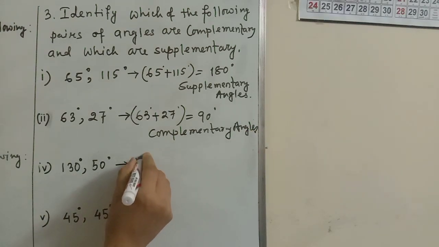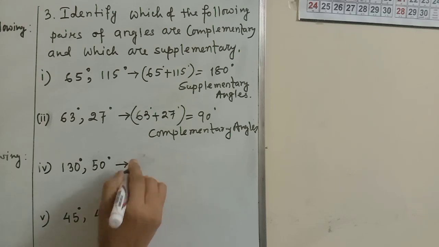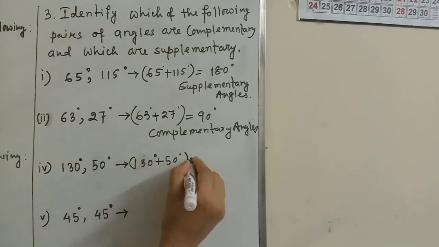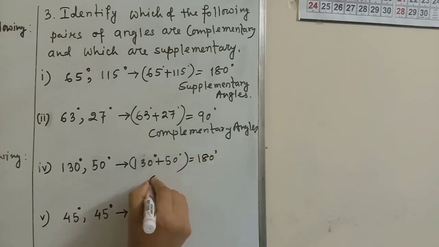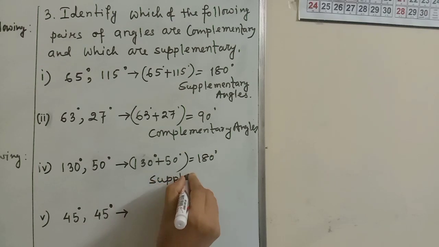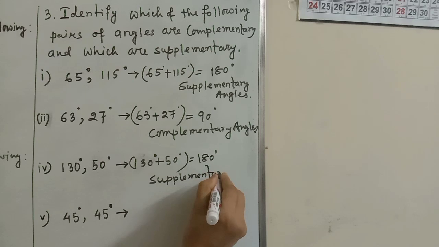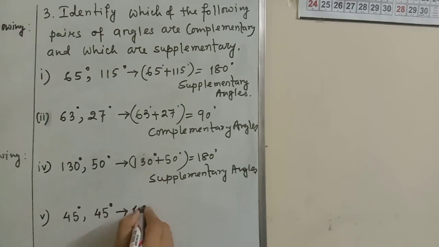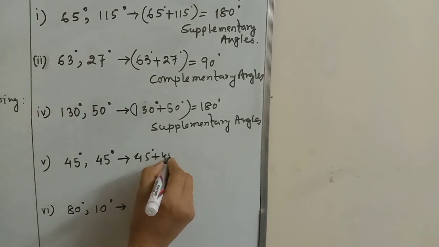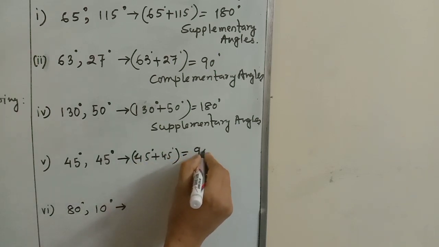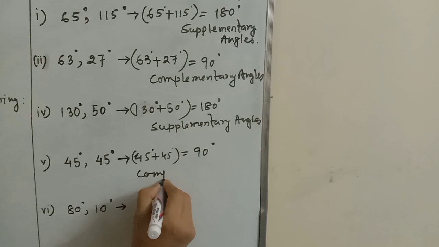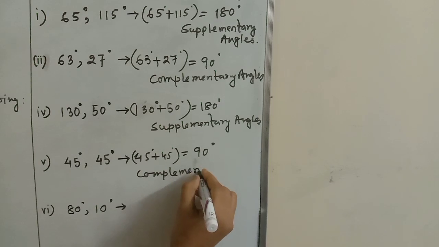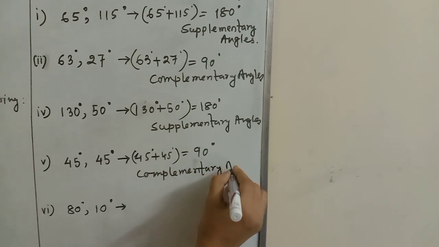In the same way, 130 degrees plus 50 degrees equals 180 degrees, supplementary angles. 45 plus 45 degrees will be 90 degrees, and you know that it is, yes, complementary angles.